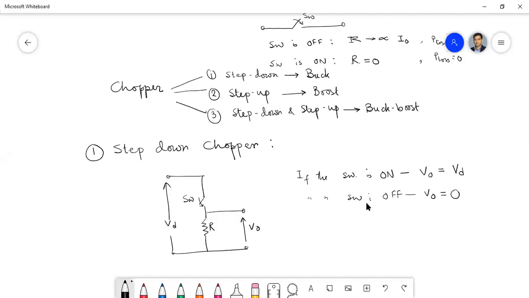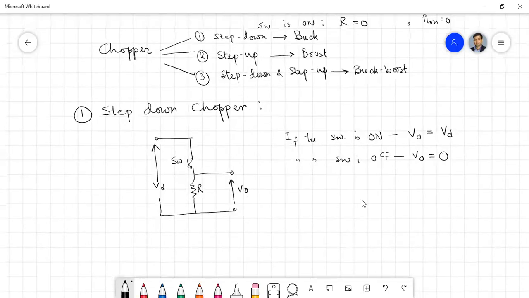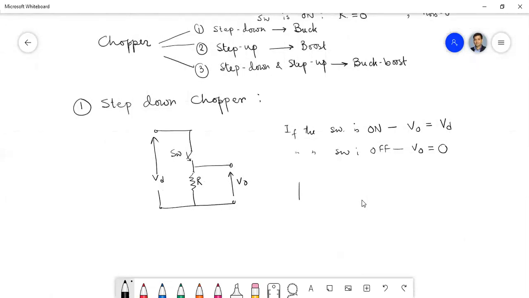It's very simple. So if we can make the switch periodically switch on and off, it's quite simple. If we make this switch on for some time and off for some time, periodically, suppose this is your V0 and this value is Vd in the on state, then the off state, on state, off state, on state.